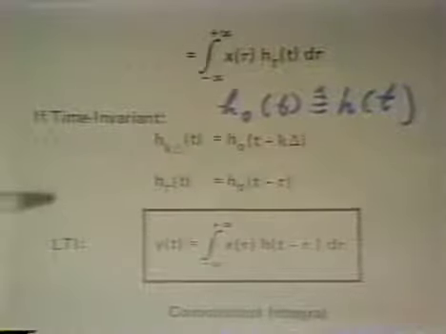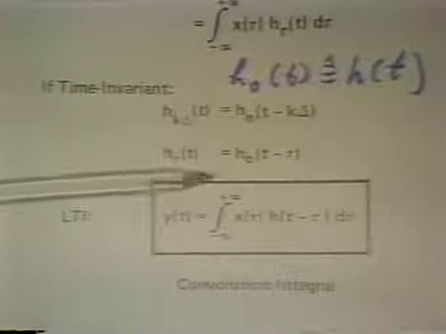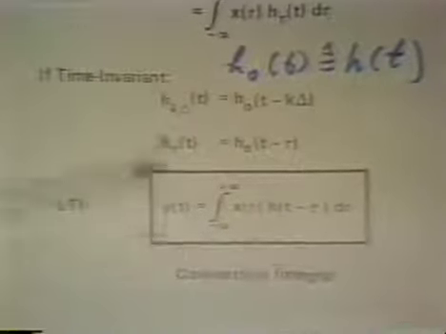And again, as we did before, we'll drop this subscript h0. So h0 of t we'll simply define as h of t. And what we're left with when we do that is the description of a linear time invariant system through this integral, which tells us how the output is related to the input and to the impulse response.